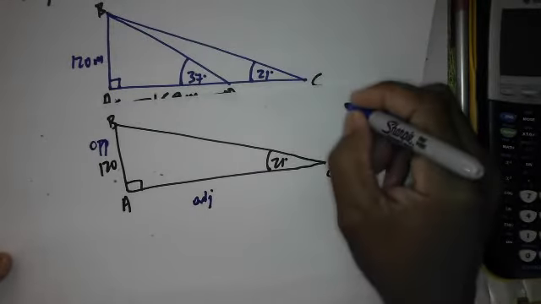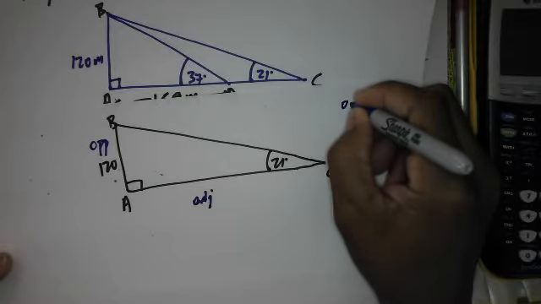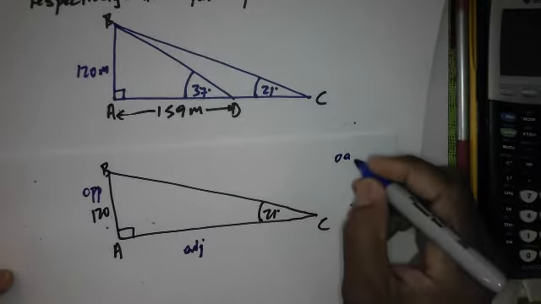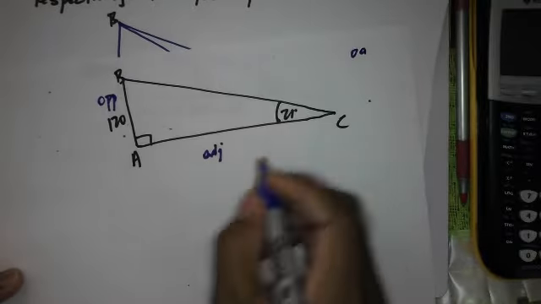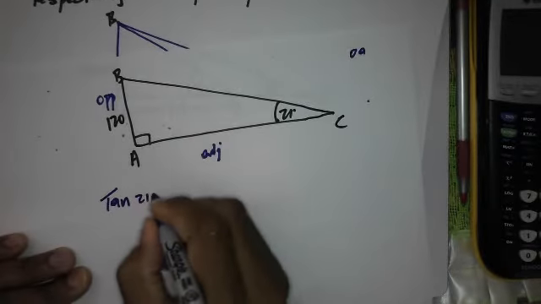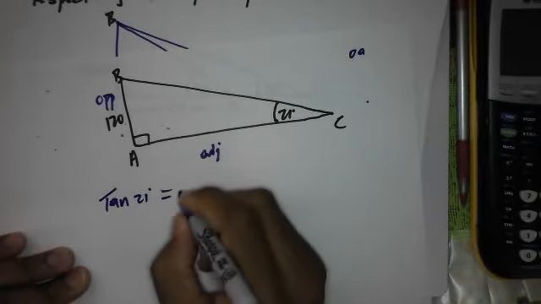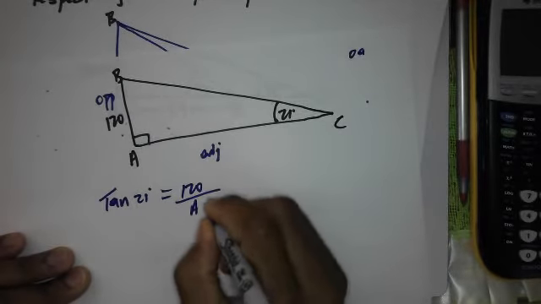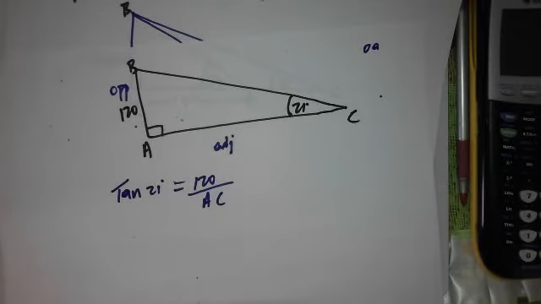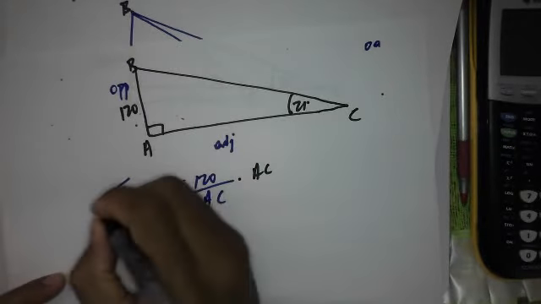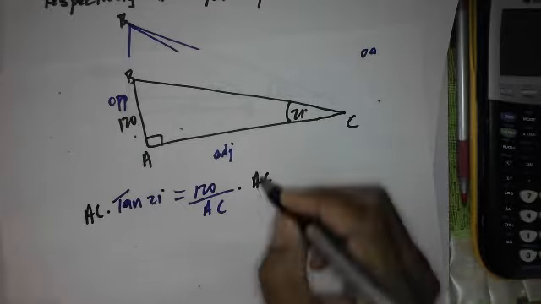So again, I want the one that has opposite and adjacent, and if we go back to it, we realize that was tan. So I'm going to find tan of this angle. Tan 21 degrees equals opposite, which is 120, divided by adjacent, which is AC. If I multiply both sides by AC, because I want to get AC out of the denominator, this would cancel.